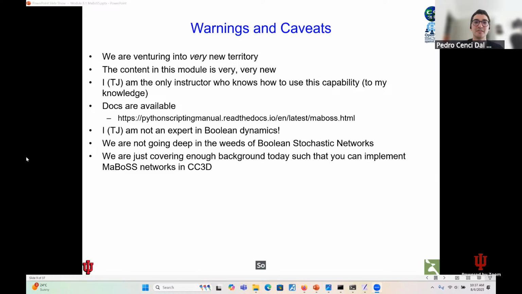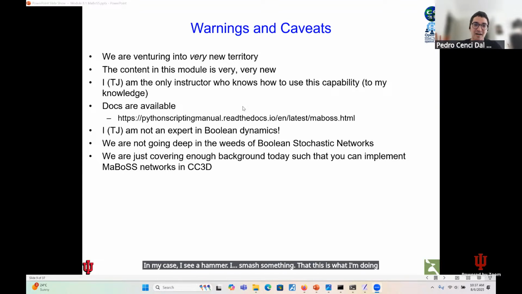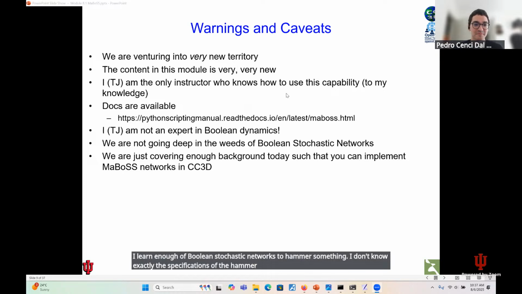So if you want to get deep in the weeds of how stochastic Boolean networks work, then, I mean, we will help you, but we are definitely not experts. In my case, I see a hammer, I smash something. That is what I'm doing here. I learn enough of stochastic Boolean networks to hammer something. I don't know exactly the specifications of the hammer I'm using.